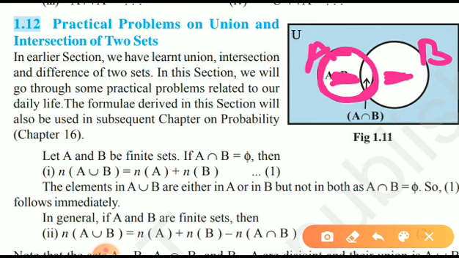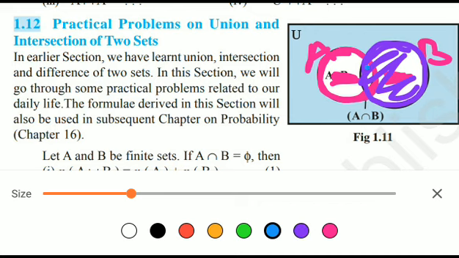Suppose I take the number of elements in A, that is this set. Then if I take the number of elements in B, that means all the elements in B. Now this portion was counted twice, while counting the elements of A as well as while counting the elements of B. So the number of elements of A union B should be the number of elements of A plus the number of elements of B minus the number of elements of A intersection B, because the A intersection B part is repeated twice, so one I have to remove.